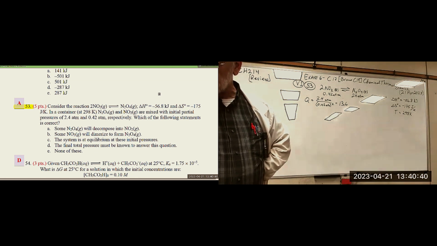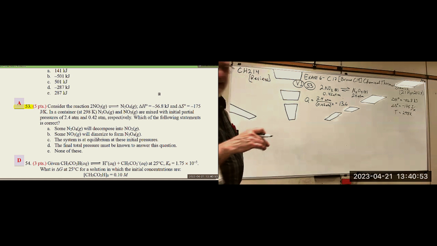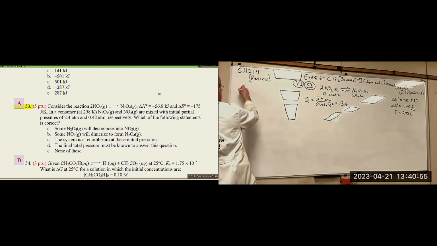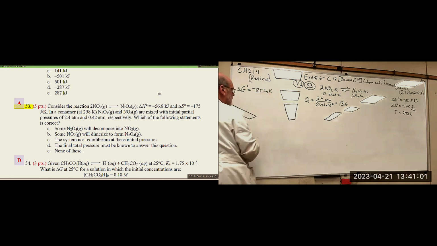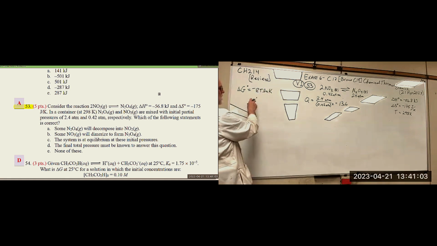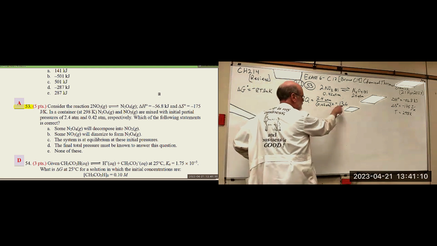We know the temperature. If we knew delta G, we could calculate the K. But delta G, let's see, delta G is minus RT log K. And what we need is the K so that we can compare the Q to it.